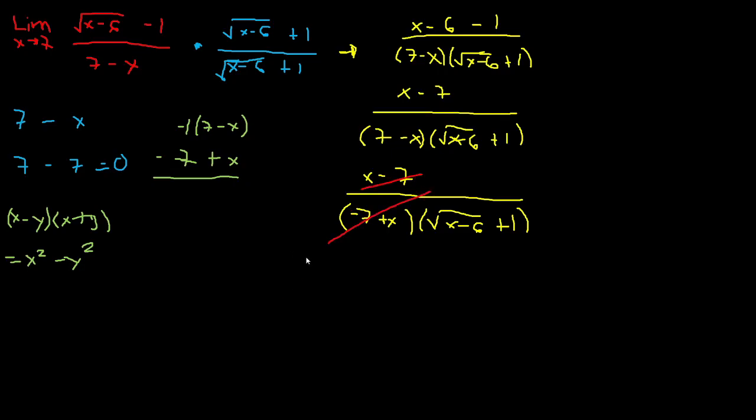So, matitira na lang ay itong 1 over square root of x minus 6 plus 1. Nakakasunod pa ba?